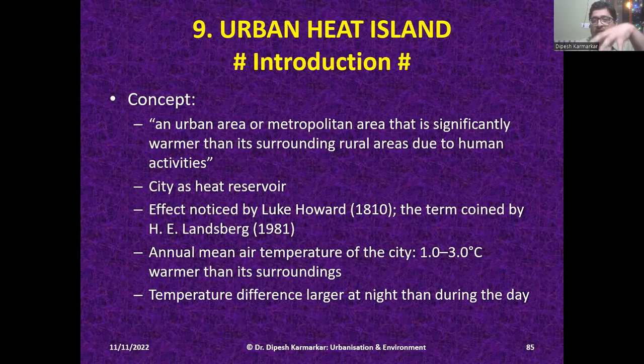So imagine a city located in between, surrounded by rural areas, and rural areas have relatively lower temperature while urban areas have relatively higher temperature, right? So an urban area or a city becomes an island of heat surrounded by relatively cooler rural areas. That's basically the urban heat island concept.